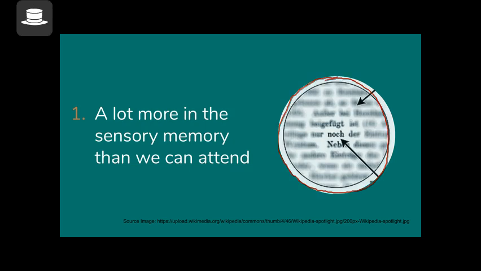The entire information is captured by your eye, but you're focusing on a part of it. So there is a lot more information in your sensory memory, in your retinal cells, than you can focus on. You cannot focus on this entire captured information. So the first attentional idea is that there's a lot more information in your sensory memory than you can attend to at any given point of time.